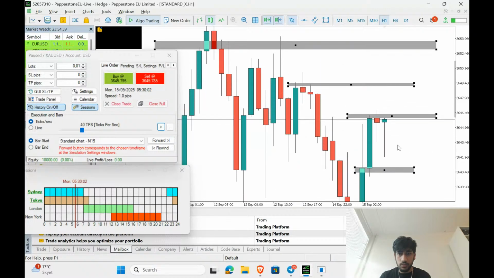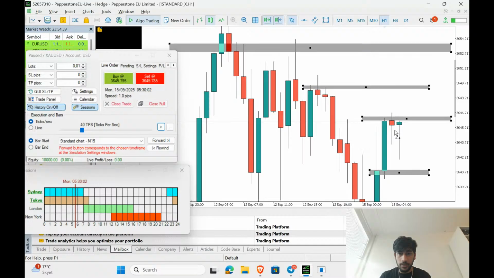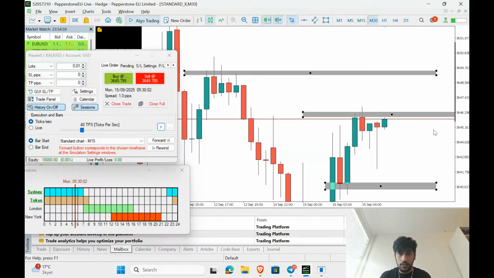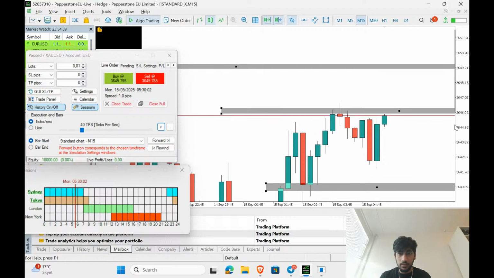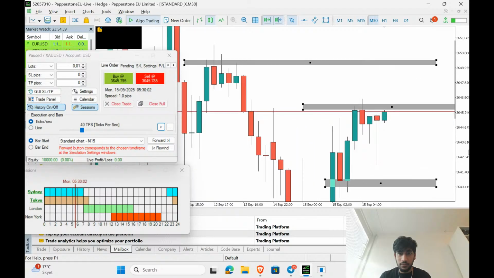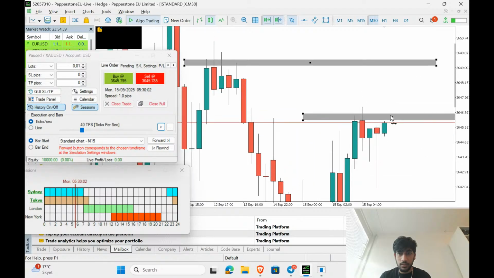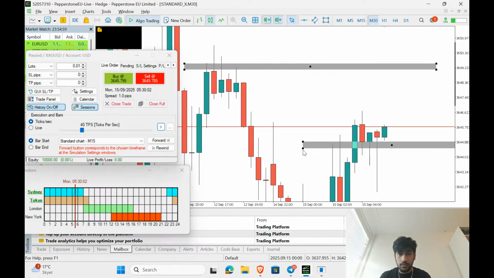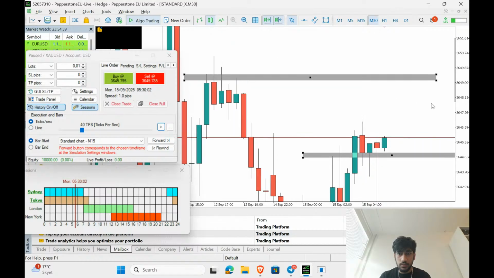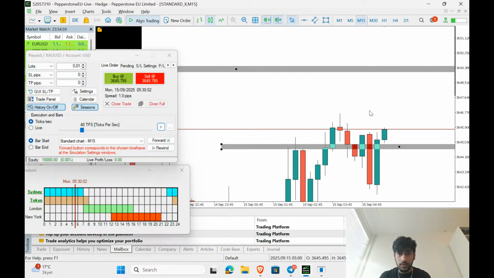On H1 we broke the low, but just 30 minutes passed. On M30 we formed this impulse setup. On M15 we just have rejection over here. So M30 is a possible buying opportunity, but on H1 we'll just wait for it to break around this high.